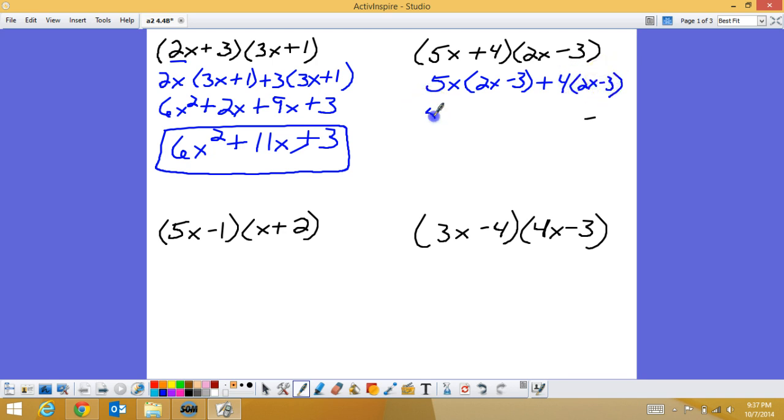So then when we distribute, we end up with the 10x squared minus 15x plus the 8x minus 12. And combining the like terms, we end up with 10x squared minus 7x minus 12.